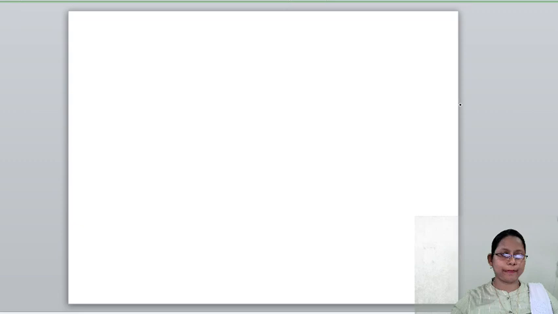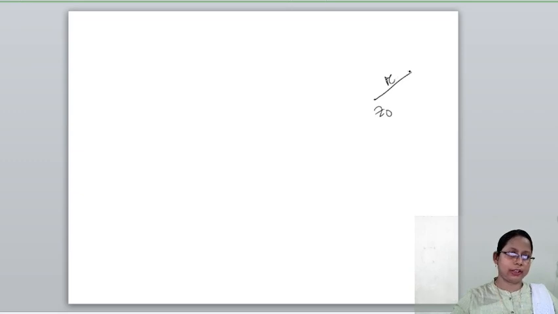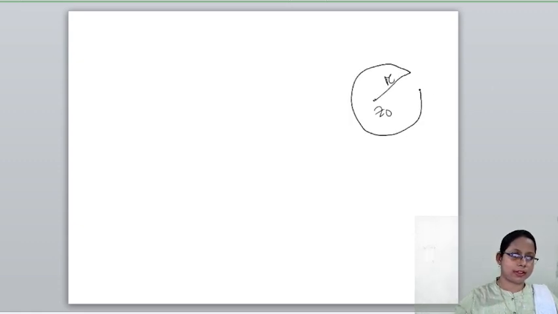That is, z naught is the center, r is the radius, and this is my circle. Z is any point here.